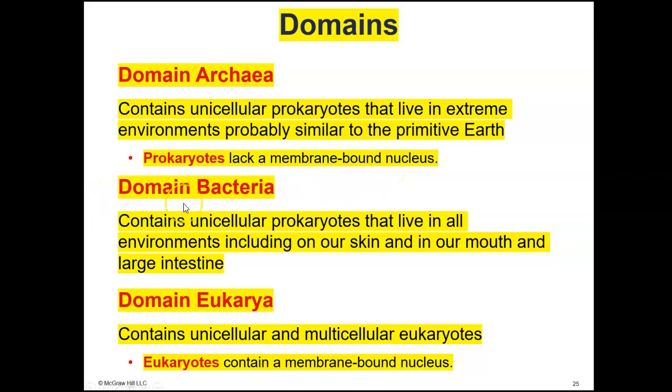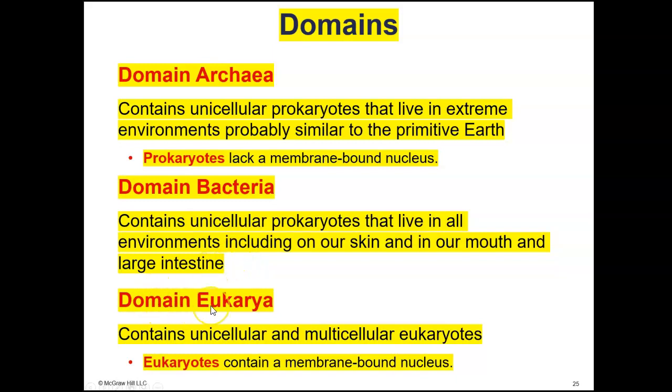The second domain of living things that are prokaryotes is the domain bacteria, which is probably more familiar to you. Bacteria are also unicellular prokaryotes, but they're different enough from the Archaea that they cannot be in the same group.